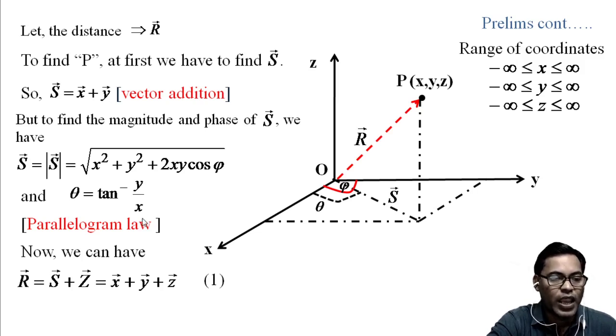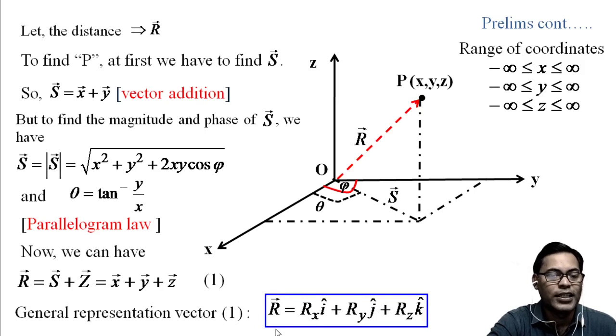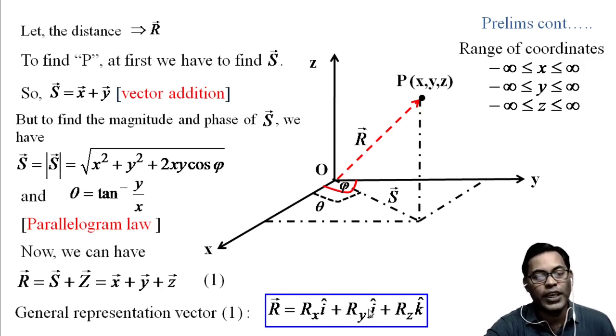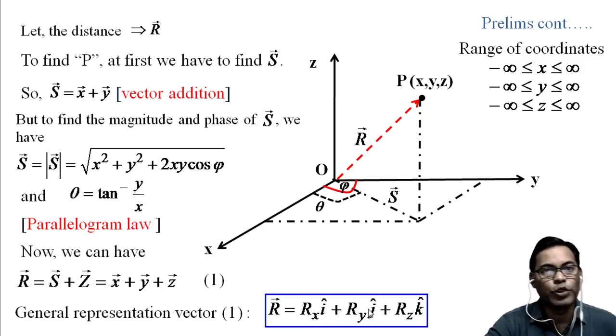Now this vector r can be represented in a general way, given by this expression. The vector r equals rx into i plus ry into j plus rz into k.